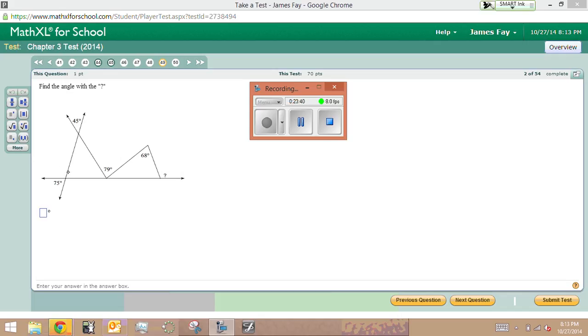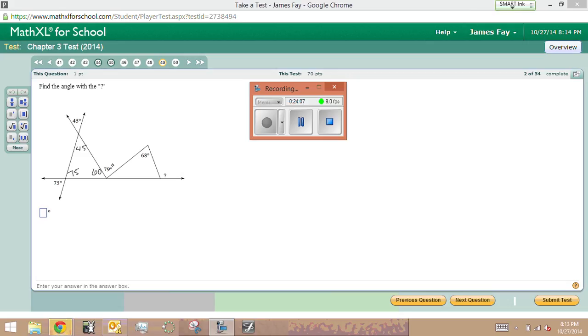So what you're going to do is start here at 75, and note that that's 75 because they're vertical angles. You also know then that that angle there is 45 for the same reason. Now if that's 45 and that's 75, that's 120 degrees so far. So you've got 60 degrees left over for that angle. If that's 60 and that's 79, that's 139 degrees.